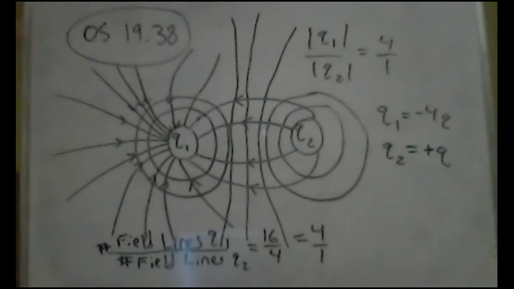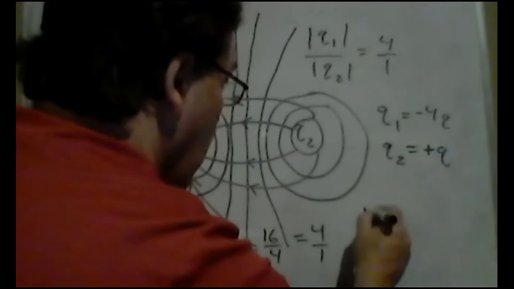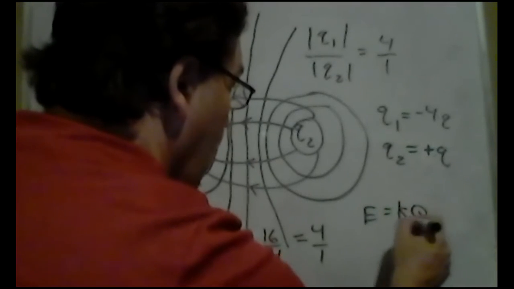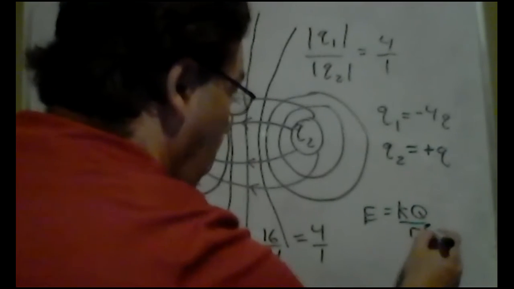The number of electric field lines depends on the size of the charge, since the size of the charge determines the size of the electric field. Remember, Coulomb's law for a point charge gives the field as kQ over r squared.